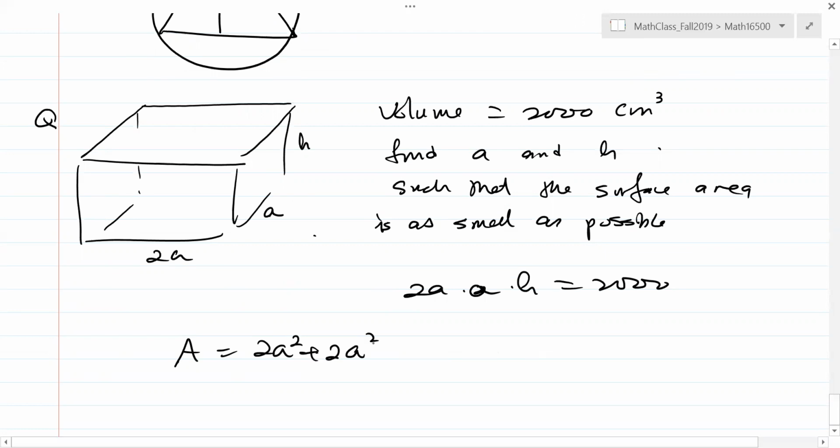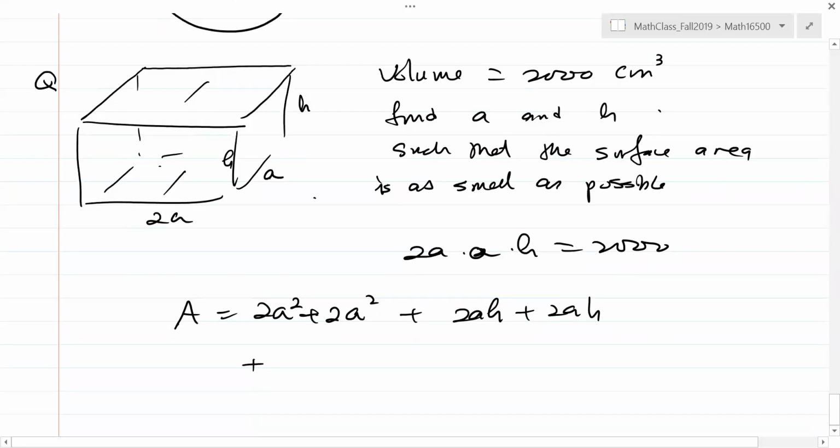Then the side, this side, h times 2a, so you have to calculate all the sides, plus 2ah. The back side is 2ah. How many sides? 6 sides. The one on the top, the one at the bottom, the one in the front, and the one in the back.